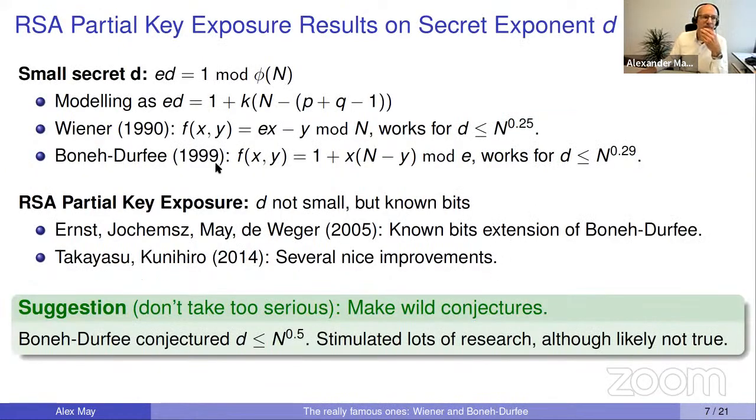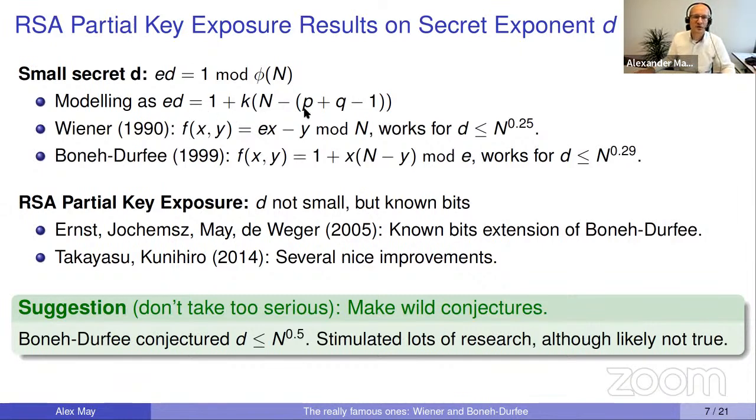So you know that the public exponent E and the secret exponent D are inverses modulo Euler's totient function phi of n, which is (P minus 1)(Q minus 1). You can rewrite this as some K times phi of n, and phi of n itself is N minus something unknown.